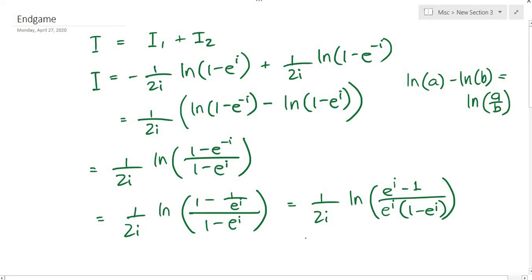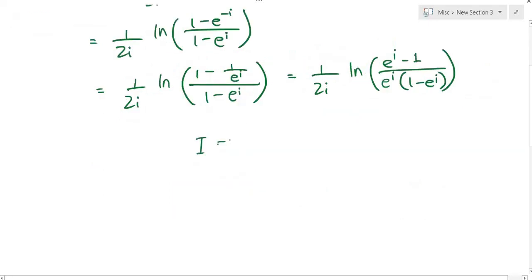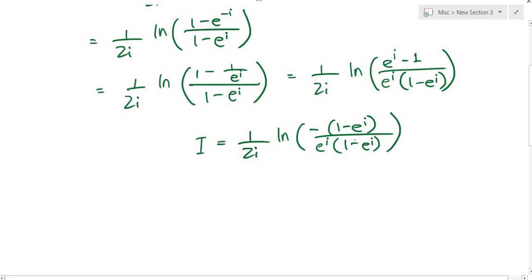And now notice that the numerator and denominator are basically negatives of each other. Or if you want to see clearly, I'll write 1 over 2i times the natural log of negative 1 minus e to the i, just factored a negative in the numerator, divided by e to the i times 1 minus e to the i. Well, now they beautifully are going to cancel out here.